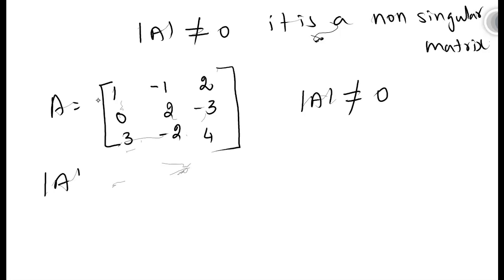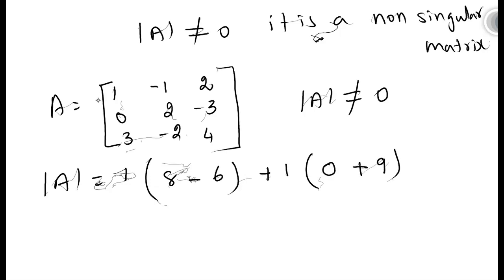Now, let us find out the value of the determinant of A, which is given by 1 into 2 4s are 8, minus 3 minus 2 will give you plus 6, so again it will be a minus 6. Minus of minus 1 is now going to be plus 1. That 0 into 4 will give you 0. Minus of minus will give you plus 9.